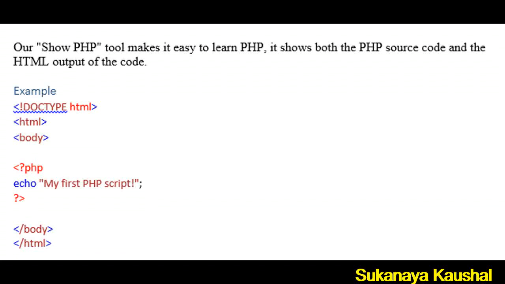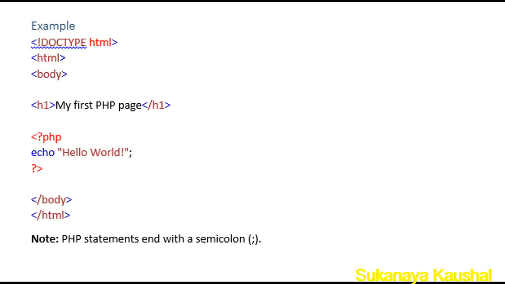Next we have an example with the doctype, where we have DOCTYPE html. We start with the html and the body tag, and after the body tag we use a heading, my first PHP page, and close the heading. Then the angle bracket, question mark, php.